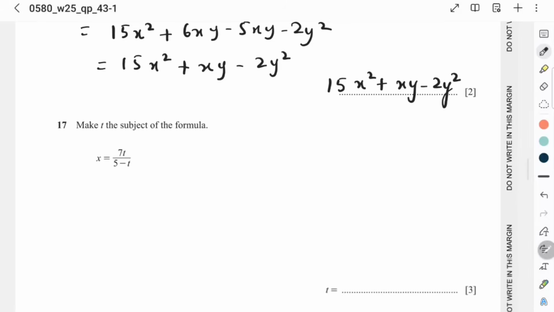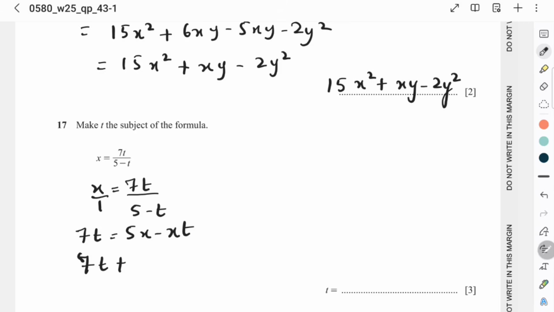Now make t the subject of the formula. x is equal to 7t upon 5 minus t. You have to make t the subject. So 7t is equal to 5x minus xt, and you have to keep t on one side and take it common.